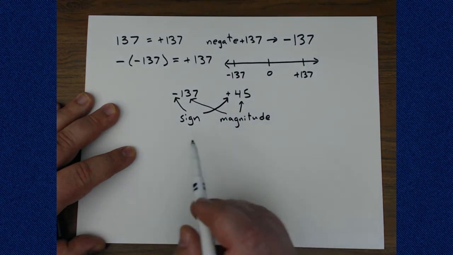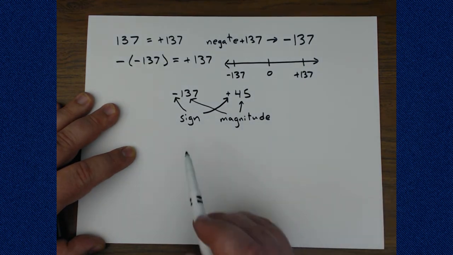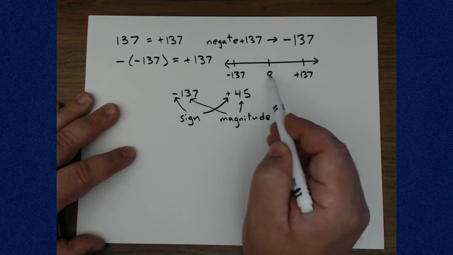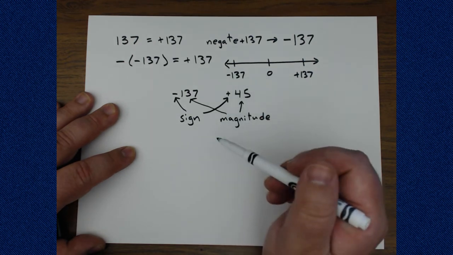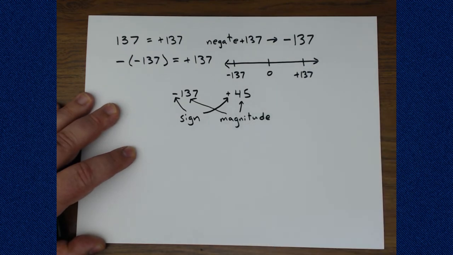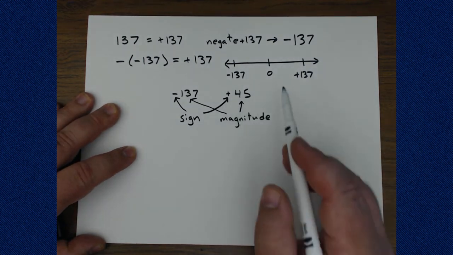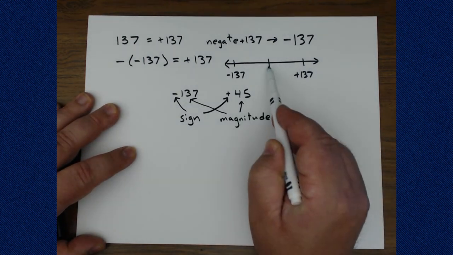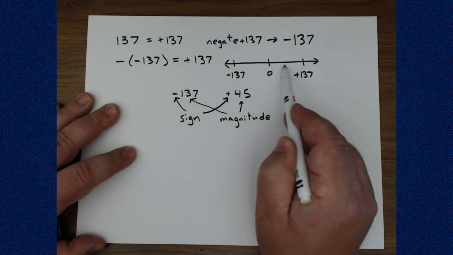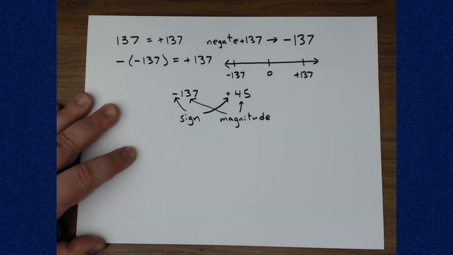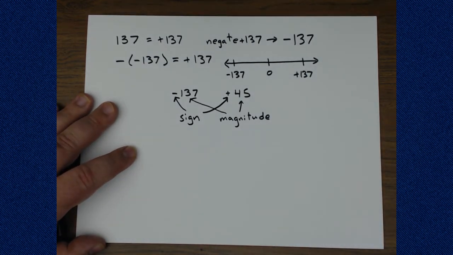But when you combine the magnitude with the sign, we determine that this value, negative 137, is 137 away from 0 in the left direction of our number line, or the negative direction. If it was a positive 45, it would tell us that we need to go to the right on the number line, or in the positive direction above 0, 45 units. And that's the basics of signed magnitude in decimal.